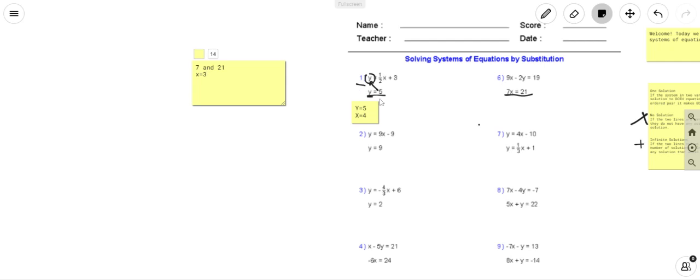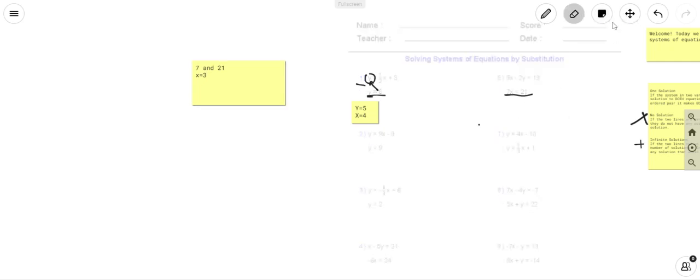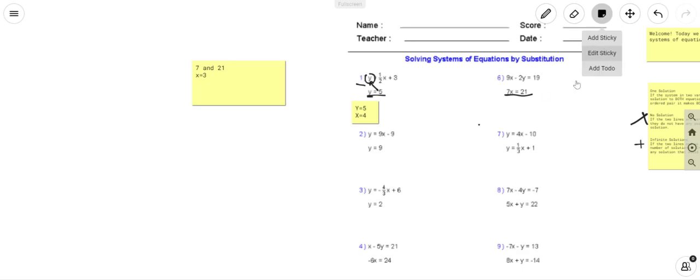So x equals 3 for the bottom. That's really helpful to know.